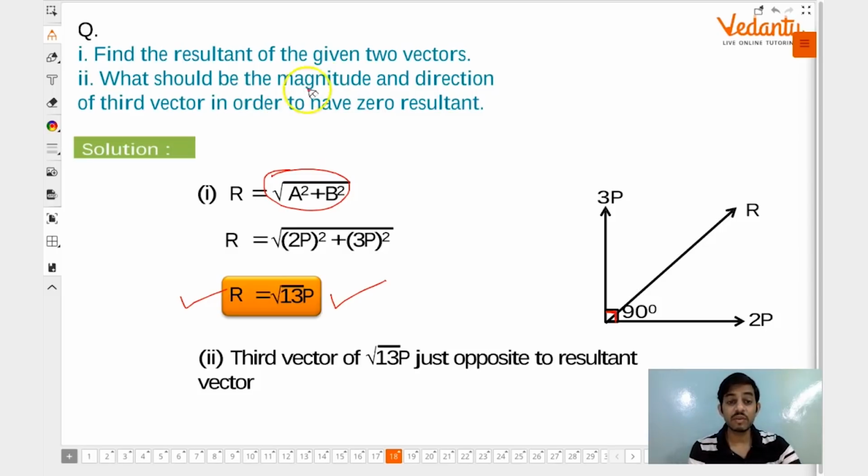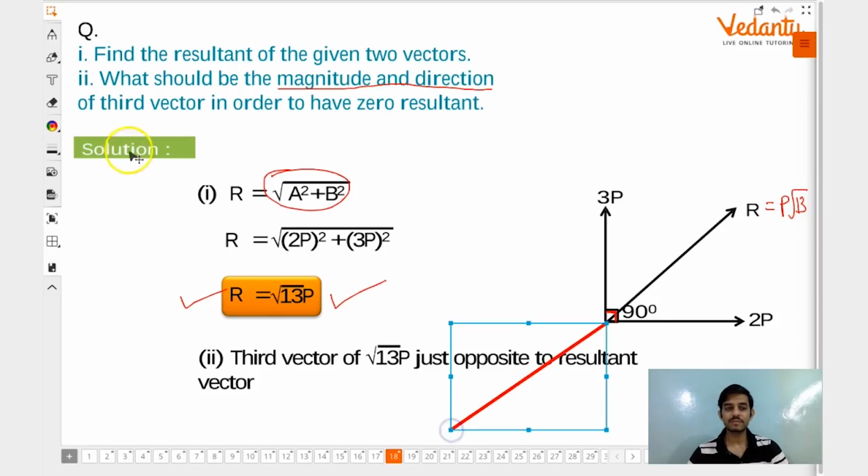Now the second part of the question is, what should be the magnitude and direction of the third vector? Guys, this resultant is p root 13, and we want the third vector such that the overall resultant should be 0. So one thing is clear: it should be opposite to this resultant, equal and opposite in fact. Let's say this is x vector.